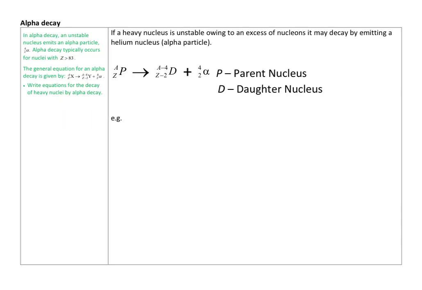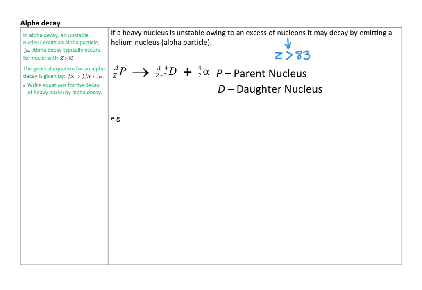So the first type of decay we're going to talk about is alpha decay. If a heavy nucleus is unstable owing to an excess of nucleons, usually we're talking about an atomic number Z greater than 83, the atom will decay, and when it decays it will release a helium nucleus, which is what we know as an alpha particle.